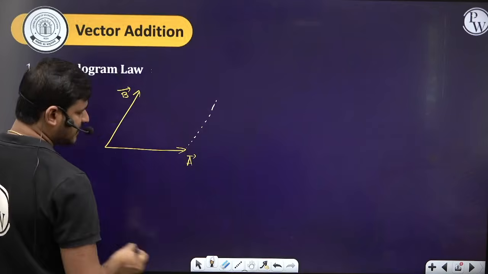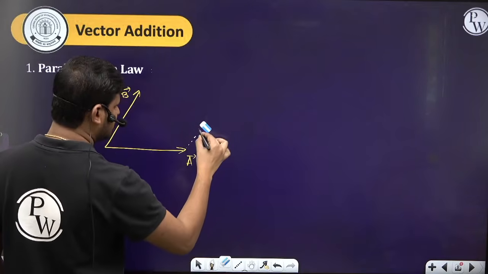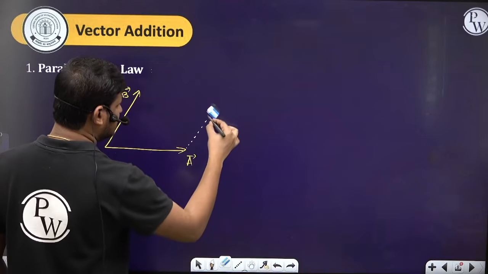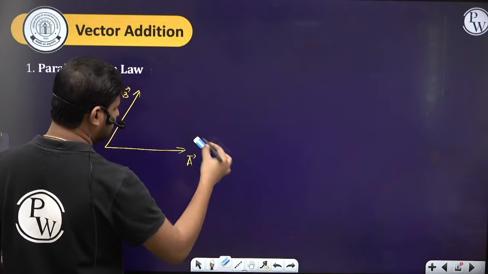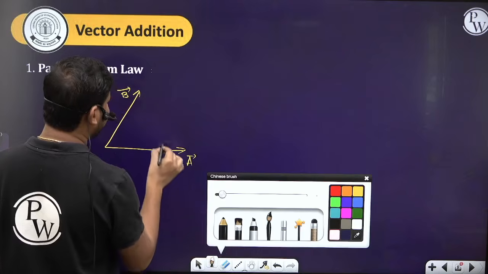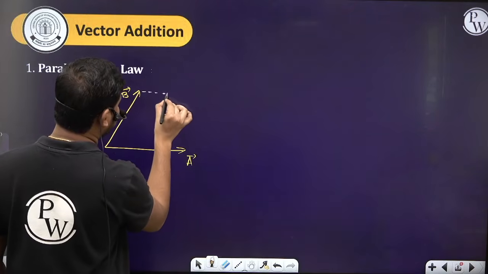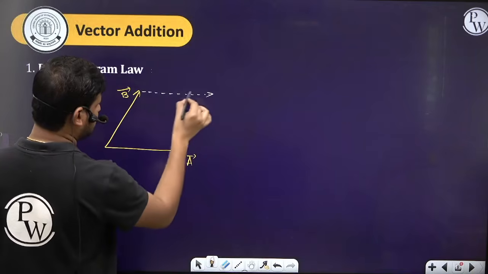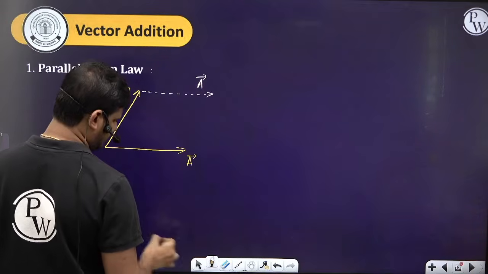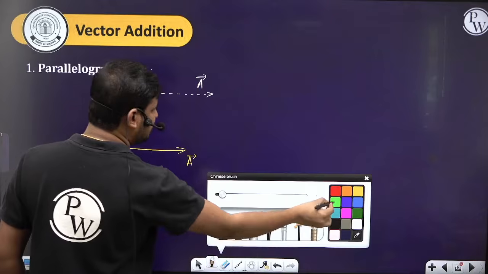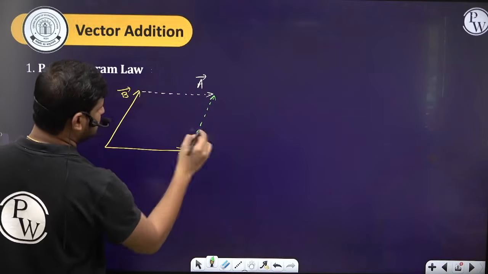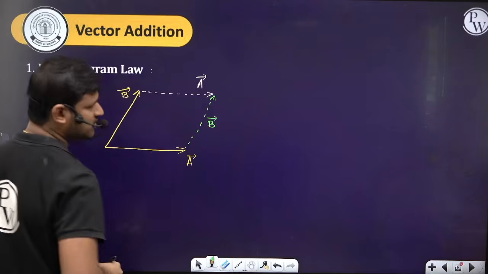How do you form it? The simple logic is that parallel shifting of vectors is allowed, right? So I parallel shift vector A to this side, and I parallel shift vector B to this side as well.